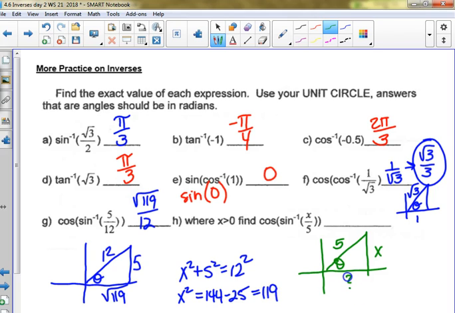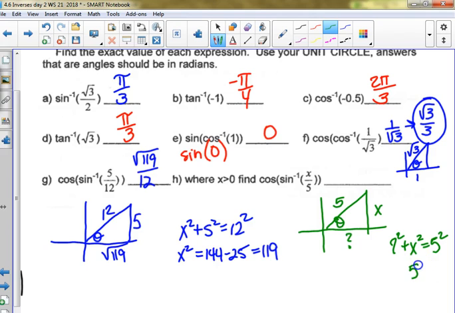Now, how do I find this question mark expression? Question mark squared plus x squared equals 5 squared. 5 squared minus x squared equals question mark squared. Now what? Okay, when I square root, does it simplify?